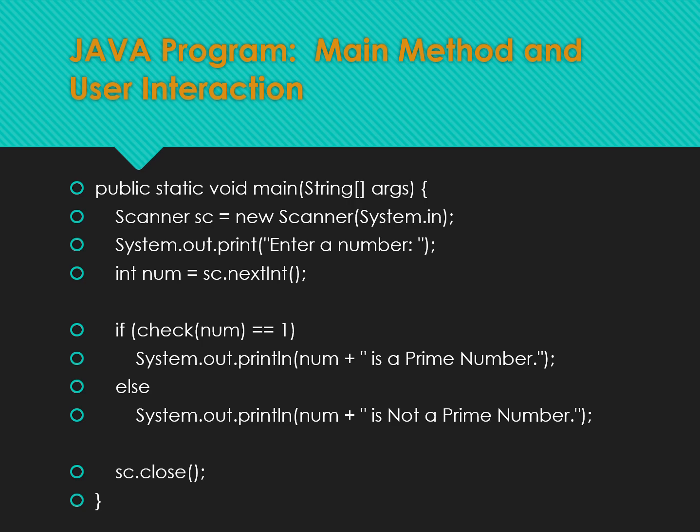If the return value is 1, it means the number is prime, so the program prints, num is a prime number. Otherwise, it prints, num is not a prime number. Finally, we close the scanner using sc.close() to release system resources. This structure separates input, logic, and output clearly, making the code easy to read, maintain, and test.